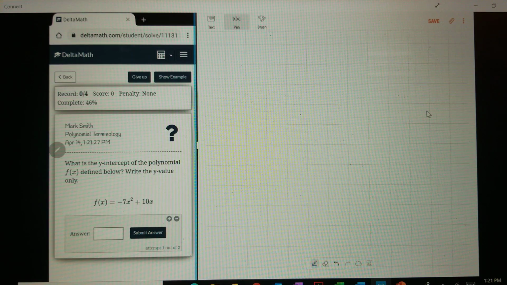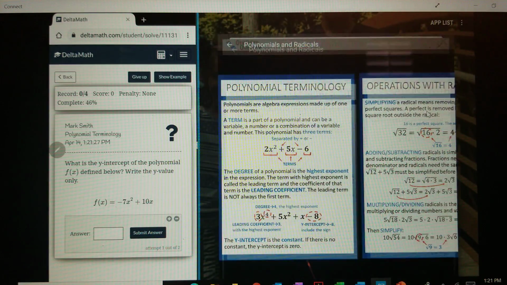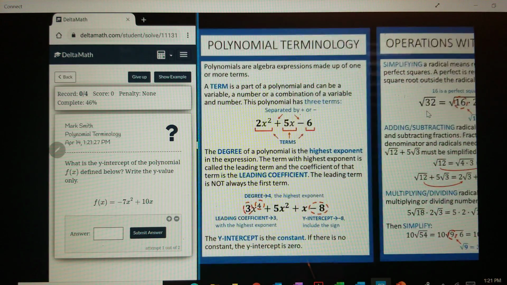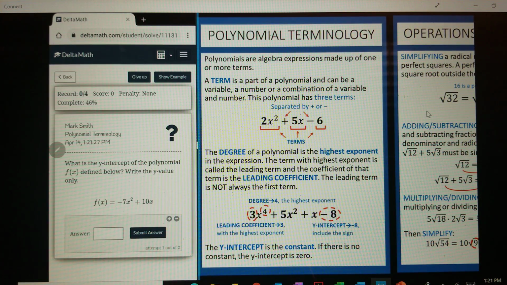All right, I see the first thing it says, what is the y-intercept of this polynomial? So we have to know a little bit about that, and in the blog, I have put a little primer in there on polynomial terminology. It describes the term, and those are things separated by a plus or a minus.